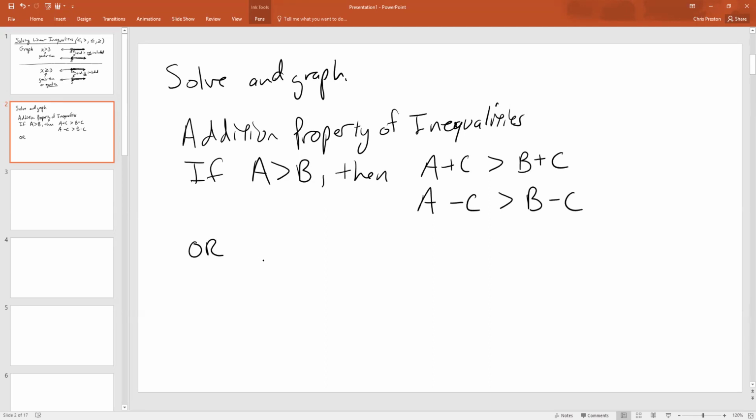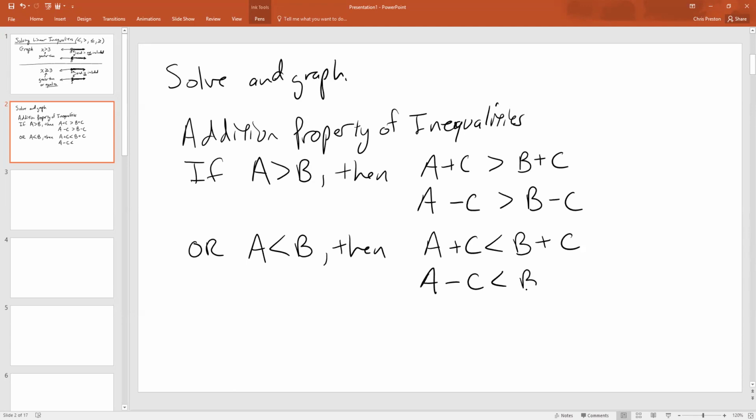Or if A is less than B, it's the same idea. If Ann has less money than Betty, then if you give both of them $100, Ann is still going to have less money than Betty. Or if you take $100 away from both of them, Ann is going to have less money than Betty. So that's still true.